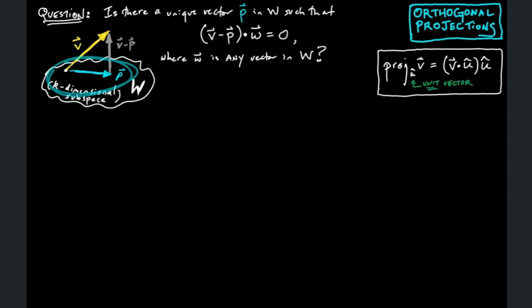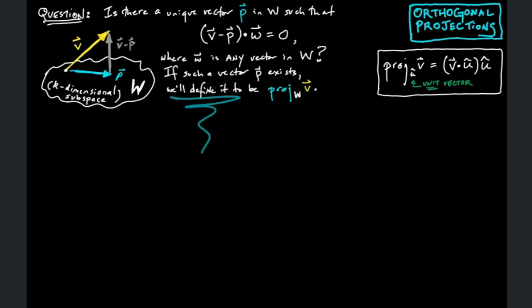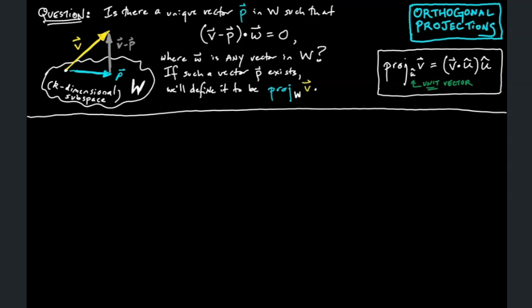So is there such a vector p such that the vector from its tip to the given vector v's tip has a dot product of 0 with every vector in the subspace W? If such a vector p exists, we will define it to be vector v's orthogonal projection onto the k-dimensional subspace W. Hopefully, with all our preliminary work, that question seems well motivated and makes sense to you.